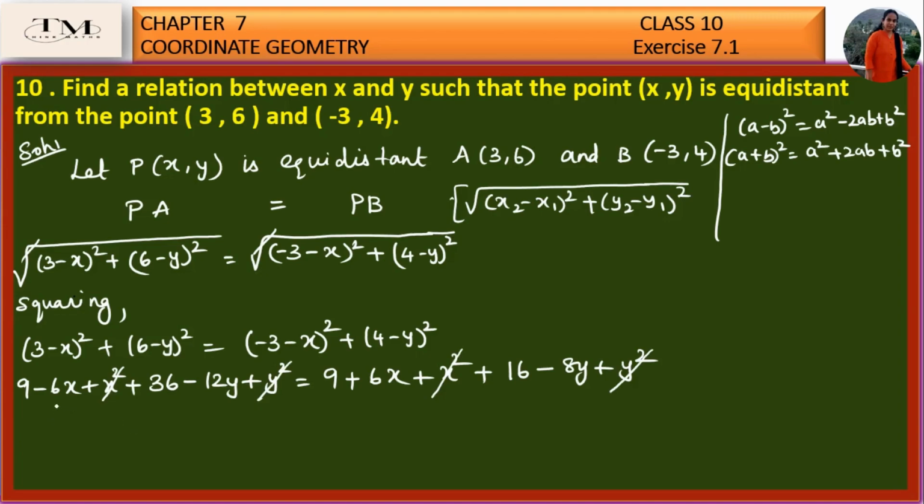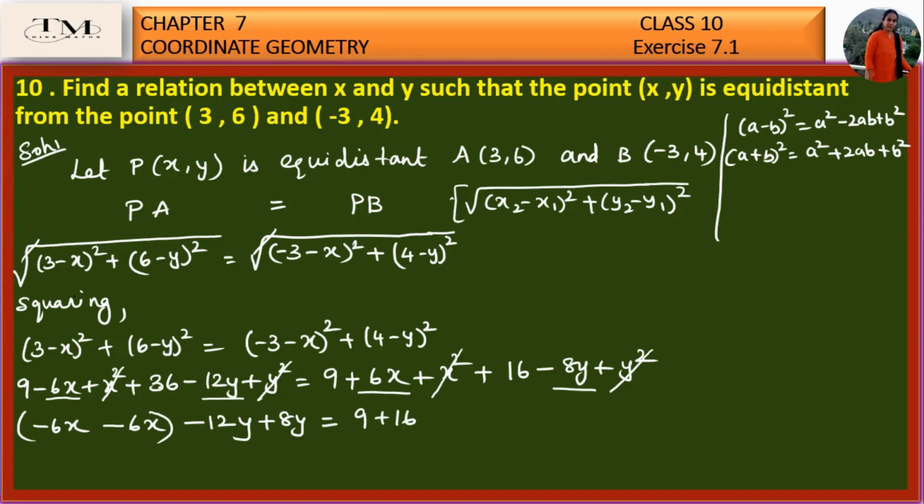Collecting the x terms, here minus 6x, and this plus 6x will become minus 6x. Then collecting the y terms, we have minus 12y and here we have minus 8y, so it will become plus 8y. What are the constants here? It is 9 plus 16.